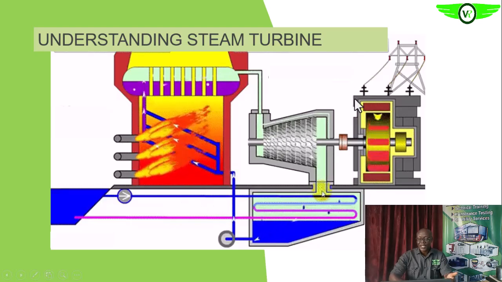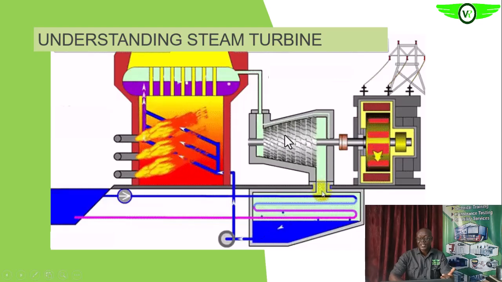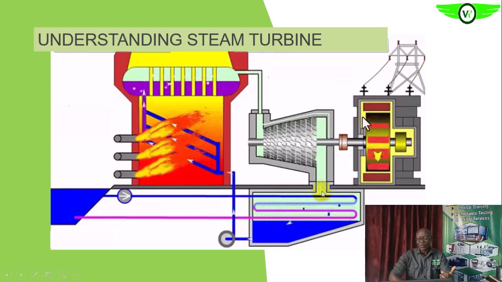Remember, the function of the steam turbine is to convert the kinetic energy contained in the steam into rotating mechanical energy available on this shaft. That energy is transferred through the shaft to this generator, and is converted from rotating mechanical energy by the generator to electrical energy.